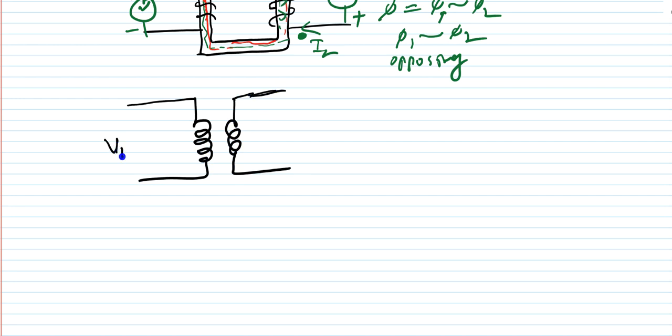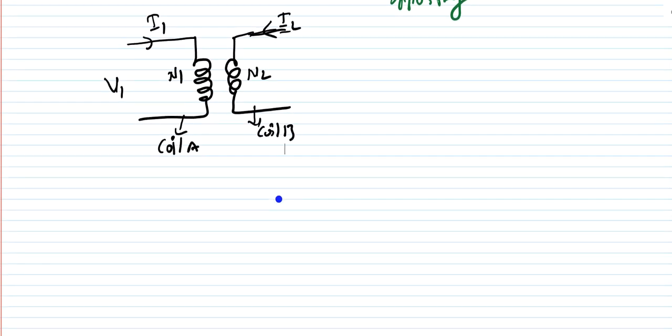This is the supply and this is the current I1, and this is the number of turns N1 of coil 1. You can say coil A. And this is N2, and assume this is I2, generalized I am writing, this is coil B. Then what are the self-induced EMF and mutual induced EMF? This concept you have to understand here.